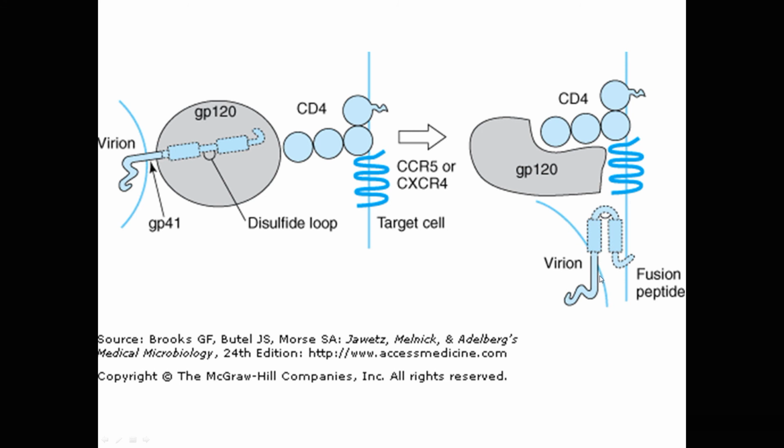Exposure of the glycoprotein 41 allows the fusion of this peptide into the host cell, the T cell. So, viral RNA will penetrate into the cell.